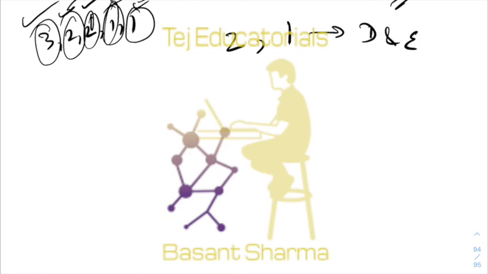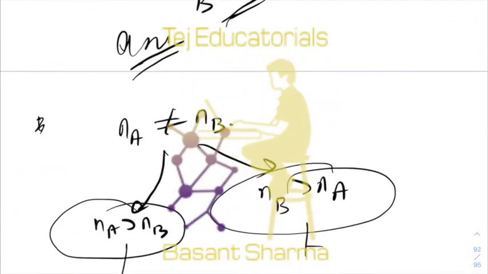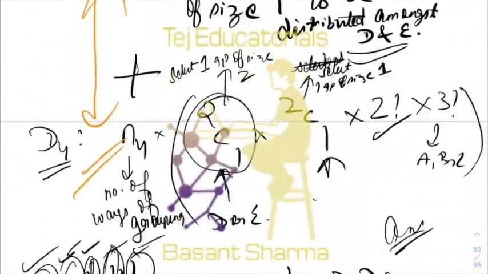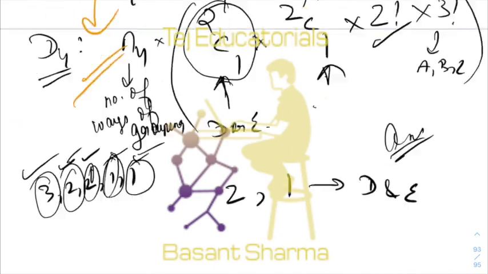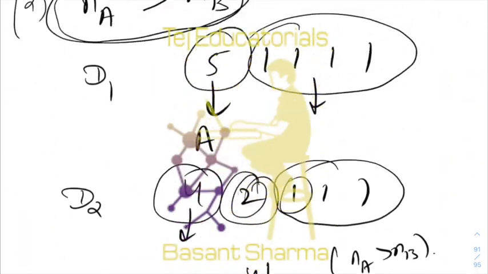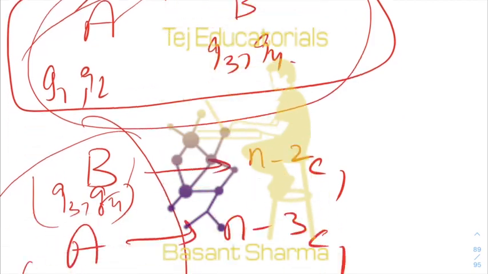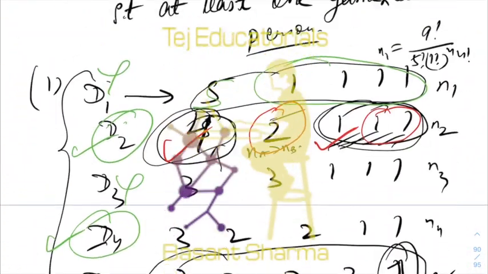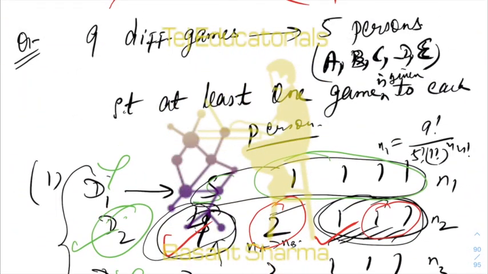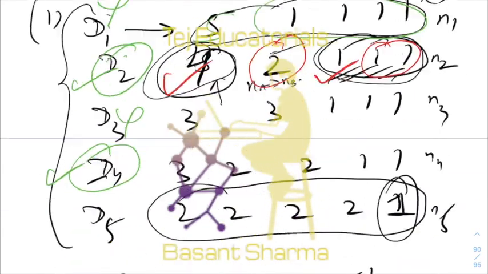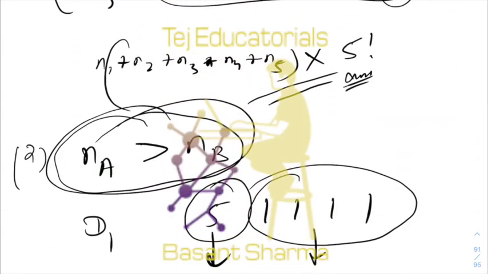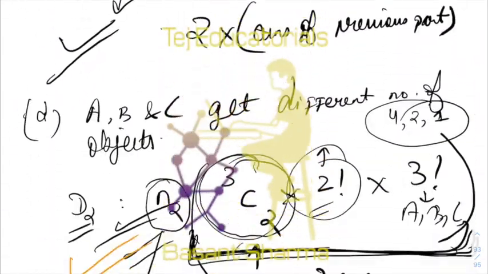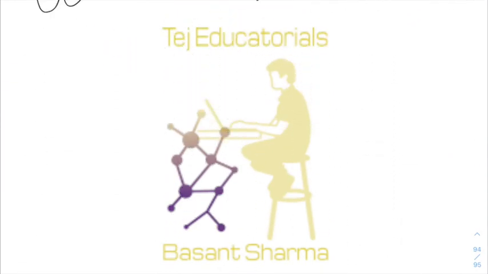In the first part we found the total number of ways, right? This you can do by the bijection rule. You find the total number of ways and subtract from it.